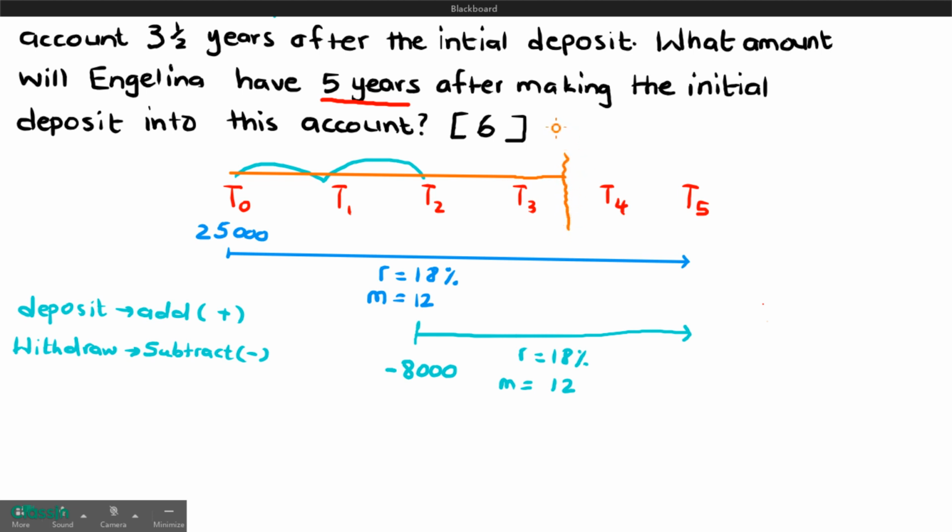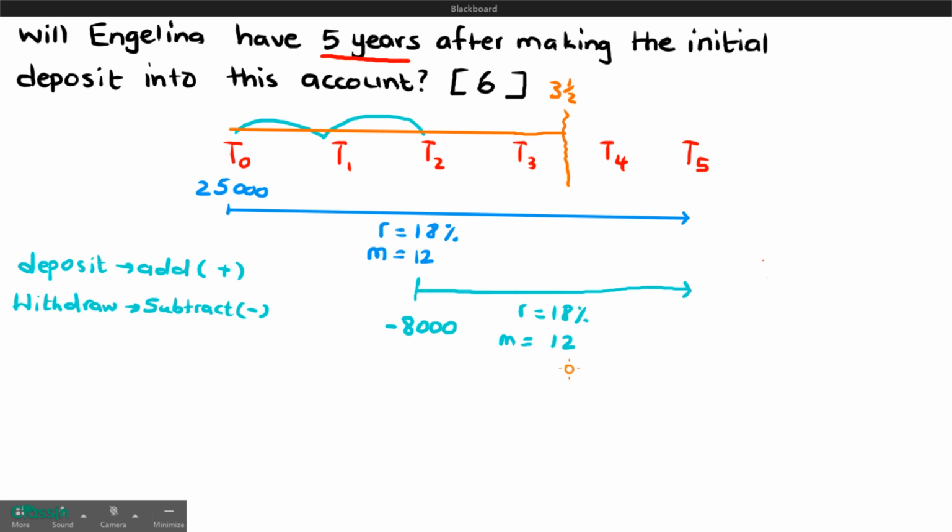This is the 3 and a half, because it is 3 after the initial. Every time, follow what they say on the calculator. We are going to start here, and we proceed.